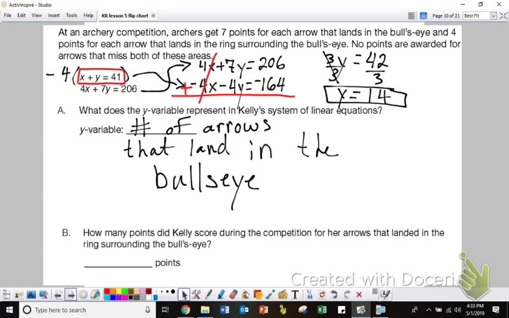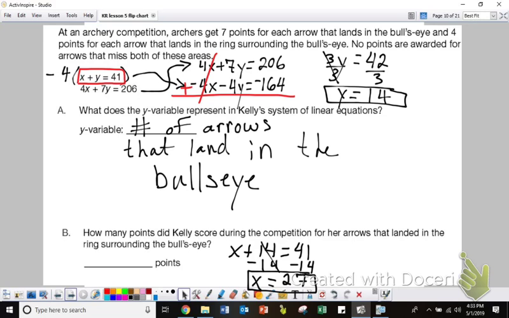So if I plug my y value back into that equation, I'll have x plus 14 equals 41. And then I just need to subtract the 14, and I'll get x is equal to 27. Okay. So I have my x and I have my y.